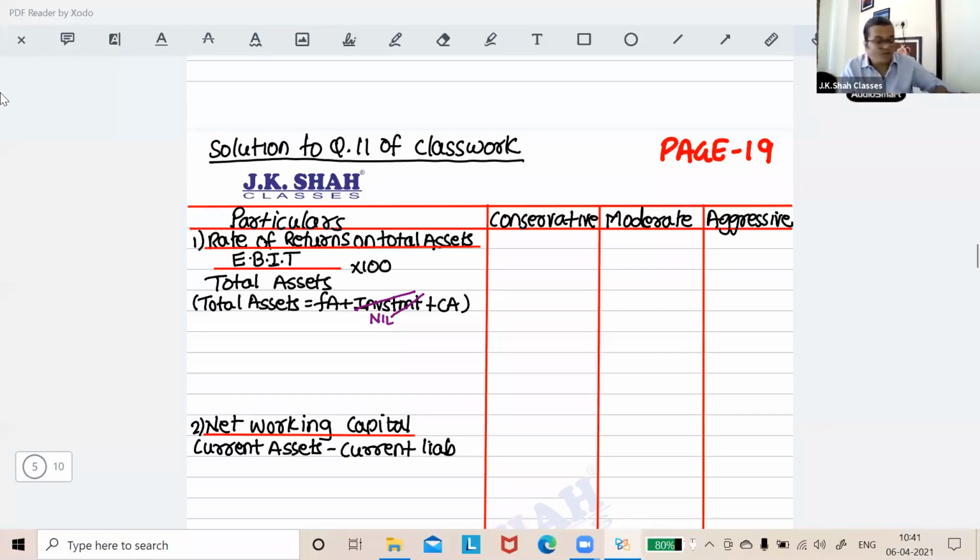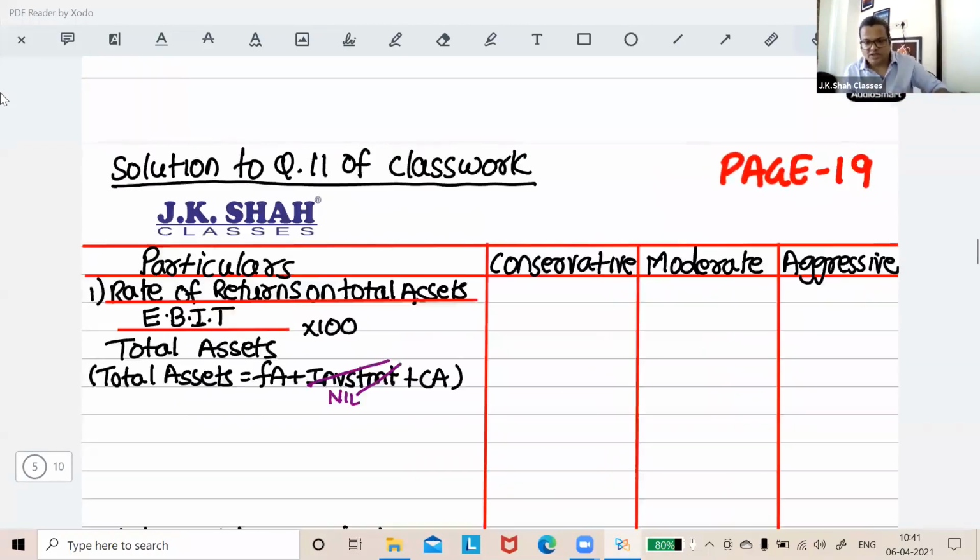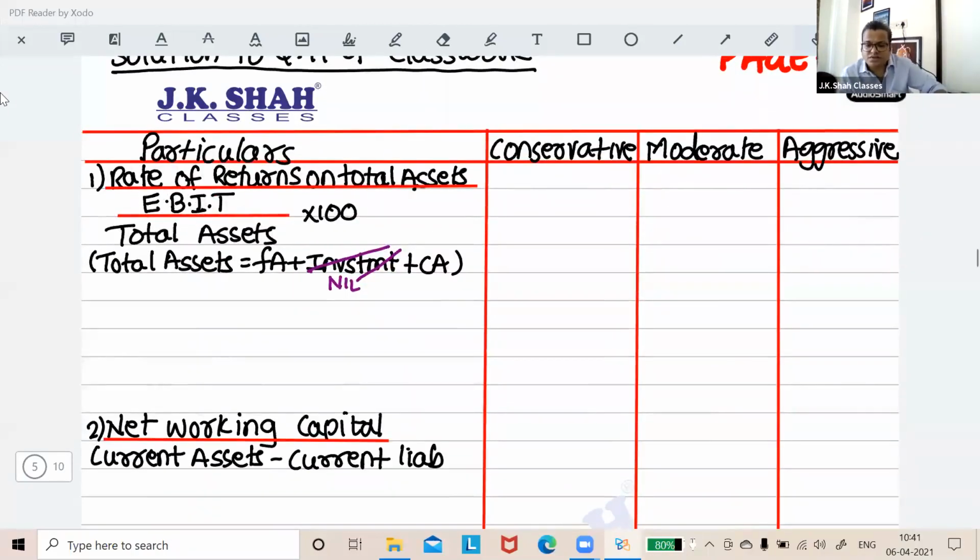Go on taking. For example, EBIT of conservative is 3.1365 upon total assets. Now, total assets, you don't have investment at all in the question. Fixed assets are given standard, no? 6.63, correct? Current assets for conservative plan are 11.475.